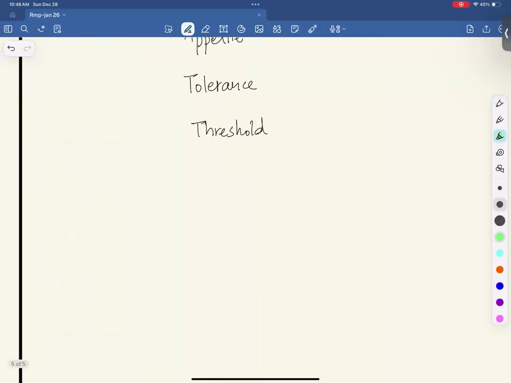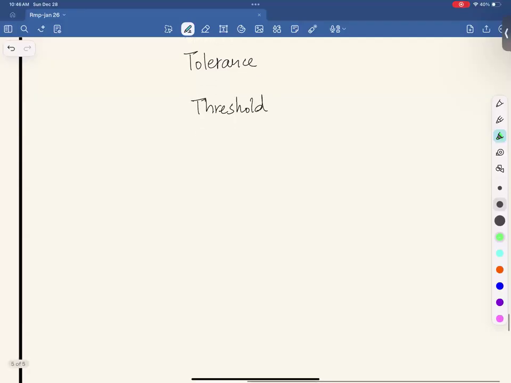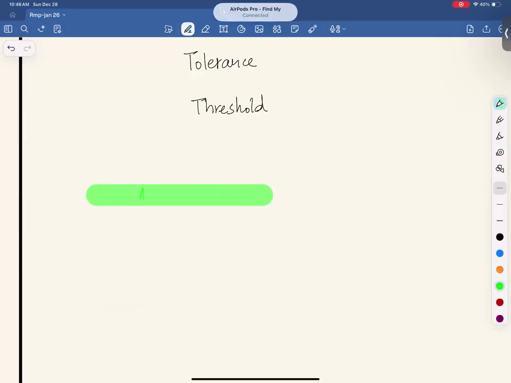So appetite is your green zone, where you're comfortable, you don't have any issue. Let's say this is 0 miles per hour and this is 70 miles per hour. This is the green zone. You can drive without any problem here. This is your appetite.